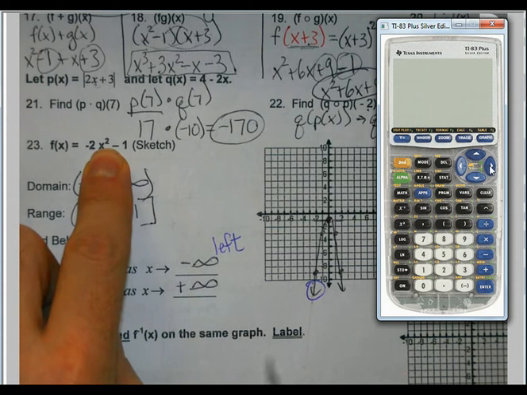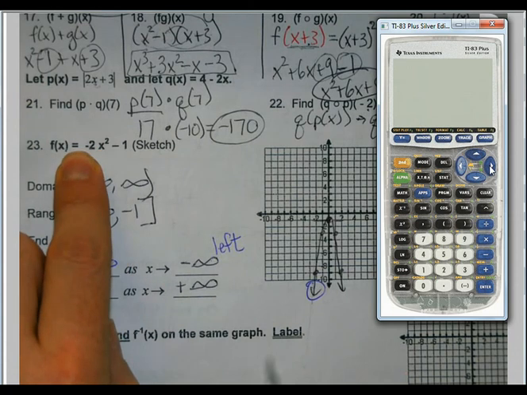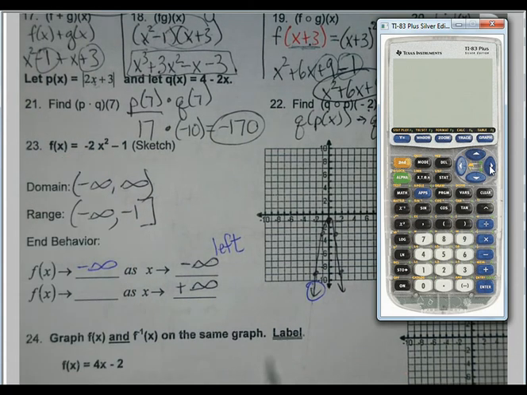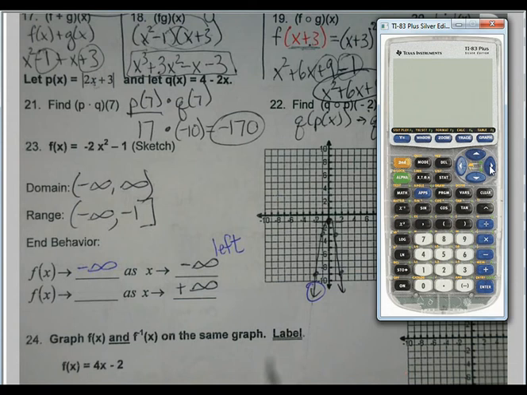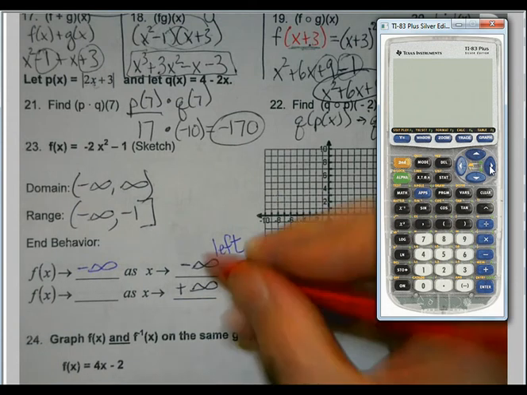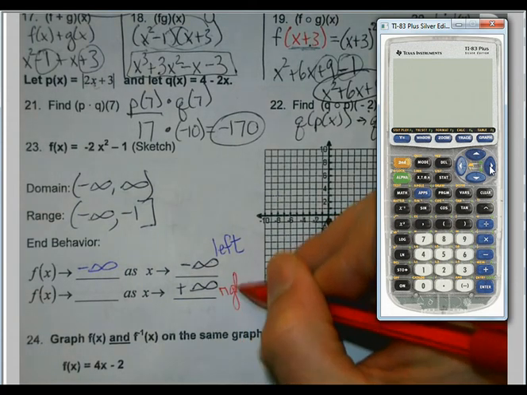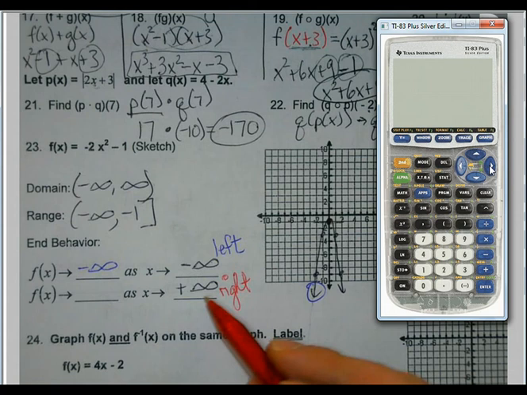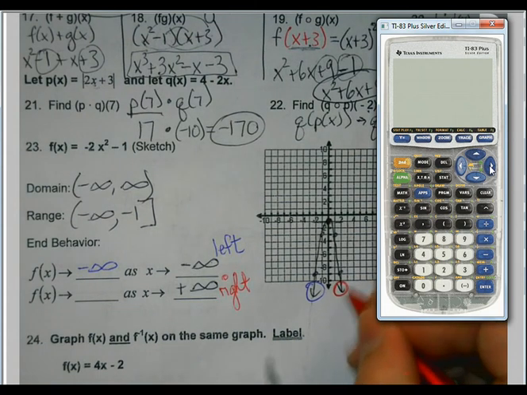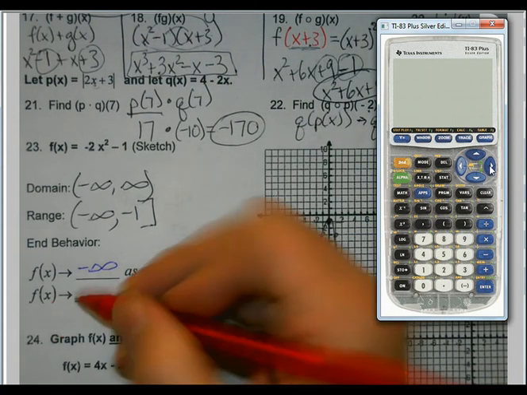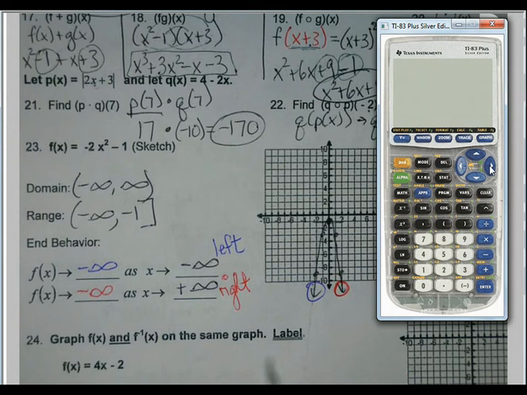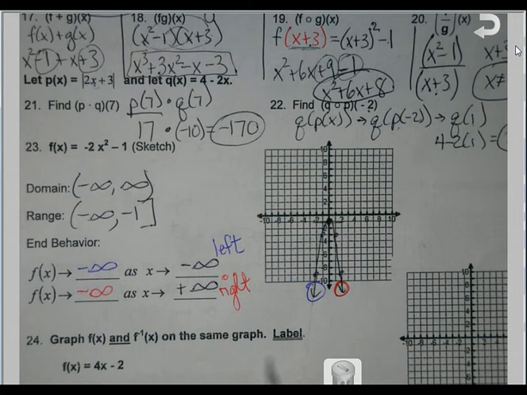Even, opening downward, and I could remember it's down, down. But if I don't, I can always do it visually like I'm doing it right now. As x goes to the right, what's happening to y? Because that's what f of x is. It's going down. So again, you've got options, and it all is starting to pile up here.